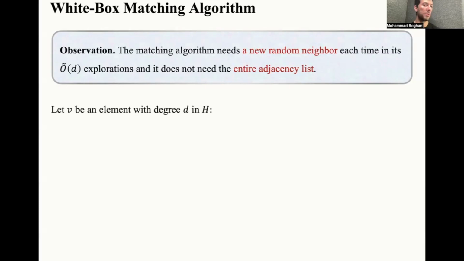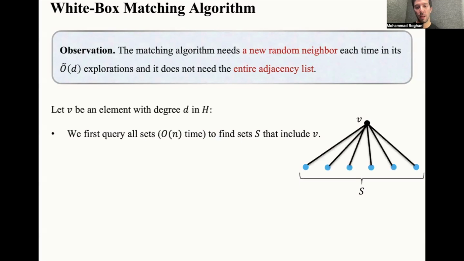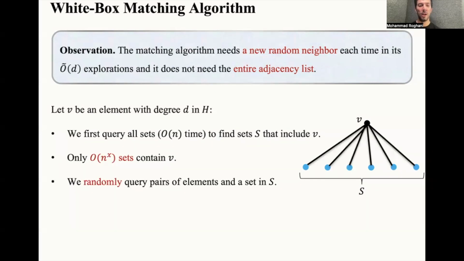So, for example, suppose that V is an element with degree D in auxiliary graph H. We first query all sets to find the sets in the family of sets that include V. We call that family of sets S. We know that the size of S is at most n to x because of the sparsification step that we had. Now we start to randomly query pairs of elements and a set in S.